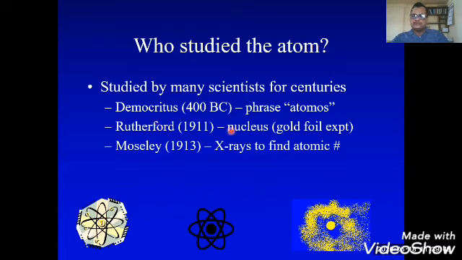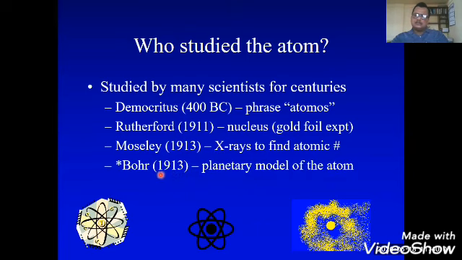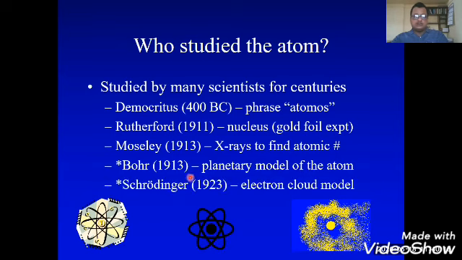Then Rutherford carried out the famous scattering experiment, and he discovered the nucleus. Then Moseley treated matter with X-rays. Then Niels Bohr, the famous physicist, proposed the planetary model of atom. And after Bohr, the latest description of atom is through the wave model of atom, and the credit goes to Erwin Schrödinger, in 1923.